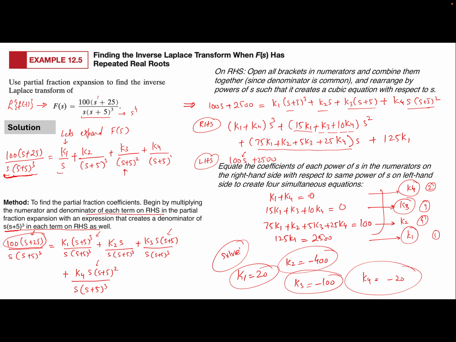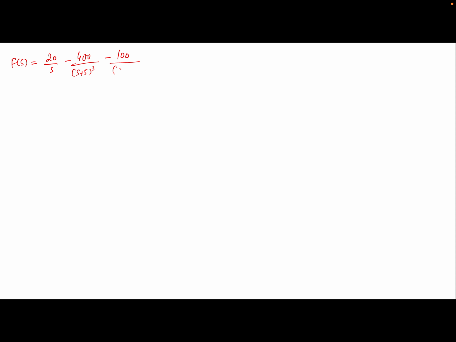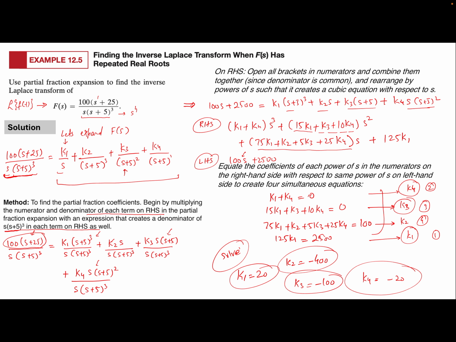Right, so I'm going to replace all of these values back over here and find the inverse transform. So my F(s) is going to come out to be 20 over s, K1. K2 was minus 400, so minus 400 over (s plus 5) cubed. K3 is minus 100 over (s plus 5) whole squared.